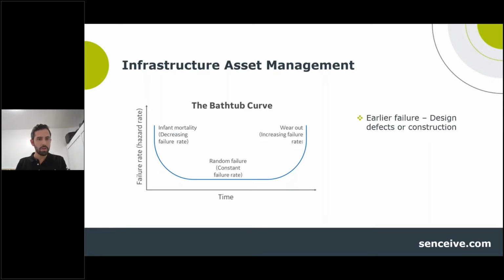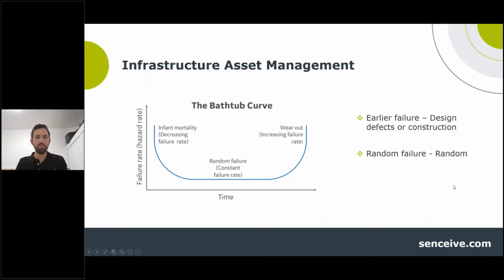So that's the hazard rate, the likelihood of an asset to experience some level of failure against time, which is on the x-axis. So starting with early failure, sometimes called infant mortality, there can sometimes be a high level of hazard or potential failure to a structure, which is normally due to design defects or construction.